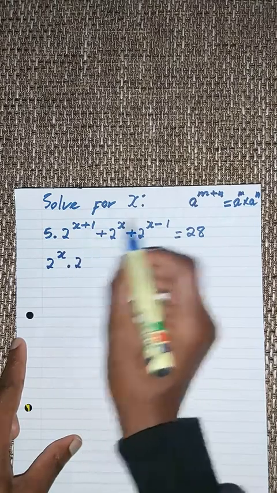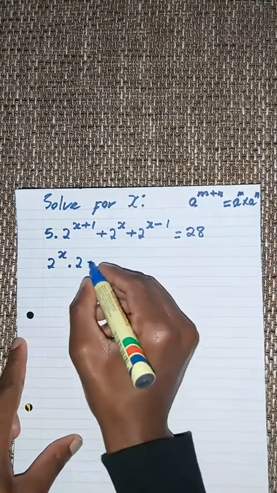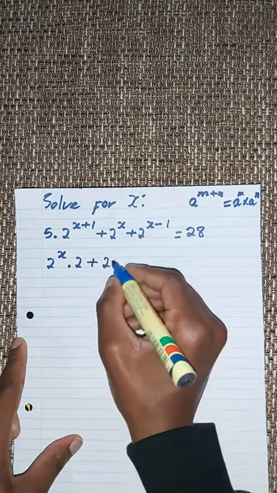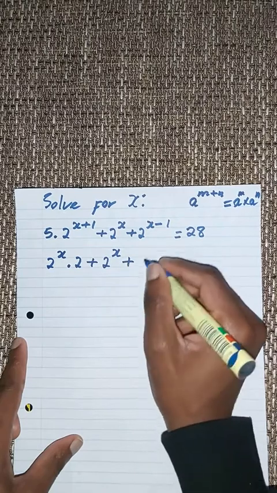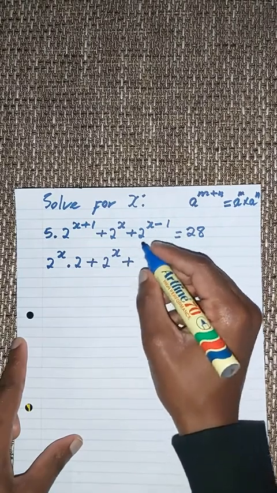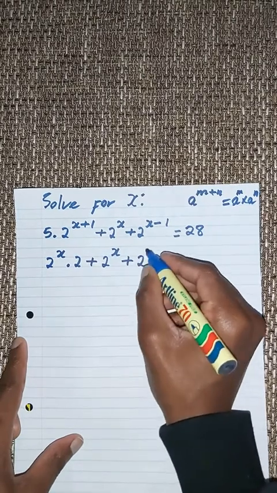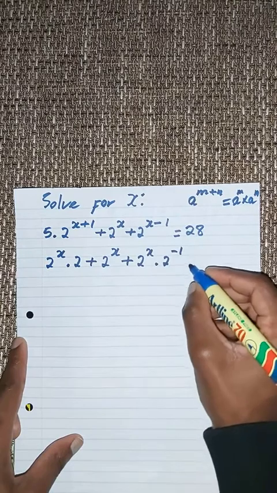So we've worked from here to here. Plus 2 to the power of x, we write it as it is, plus we write these exponents under one base separately, 2 to the power of x times 2 to the power of negative 1 is equal to 28.